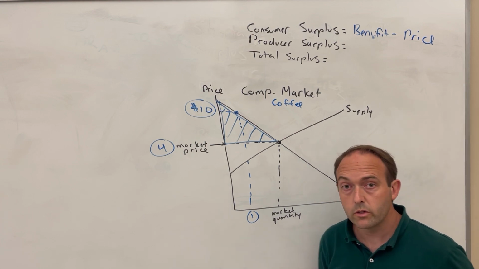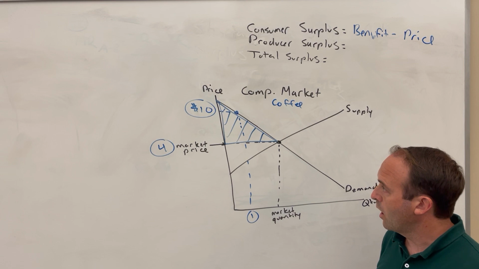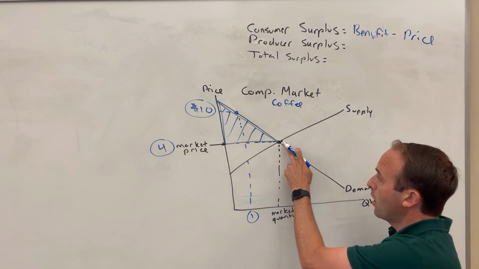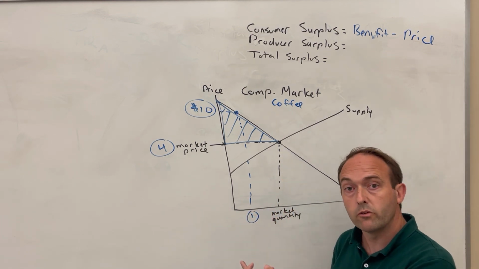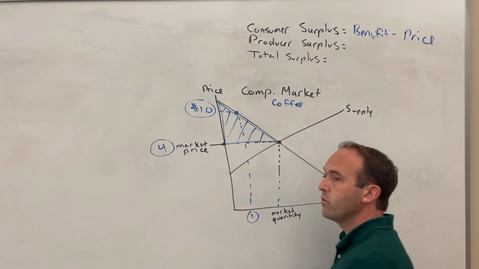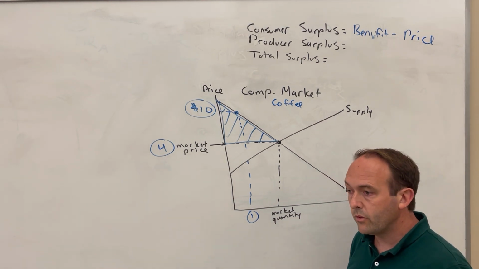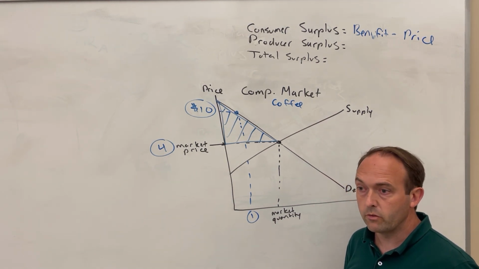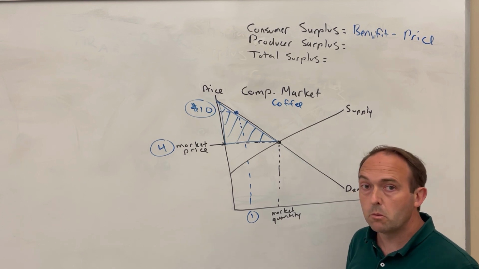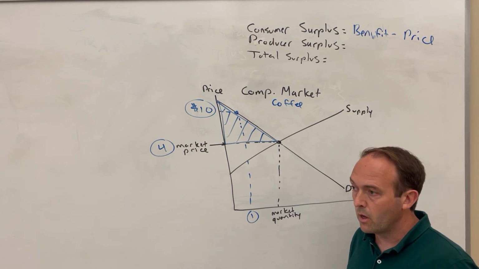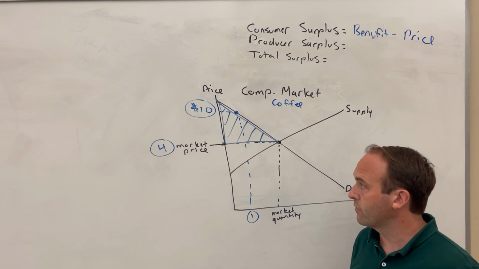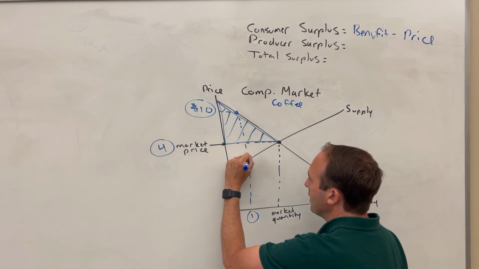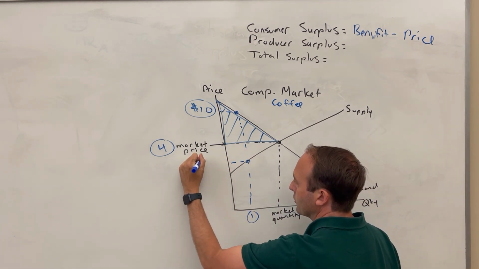So again, going to this first cup of coffee sold, we do know from our equilibrium point, the market price of that first cup of coffee is going to be $4. But let's say from the supplier's perspective, the minimum price they'd be willing to accept and still make and sell that first cup of coffee might be $3.